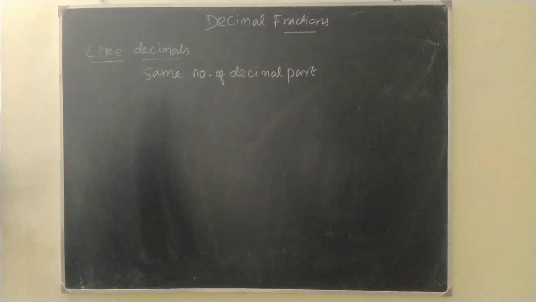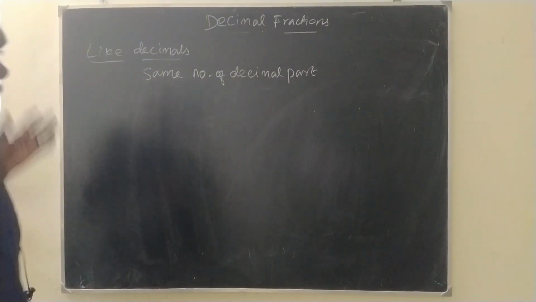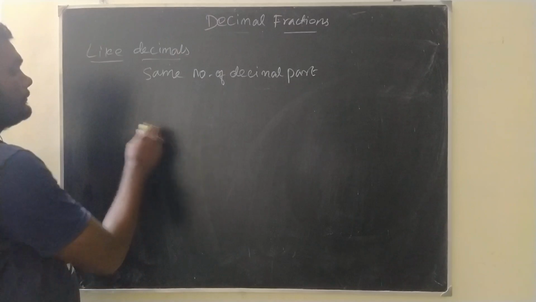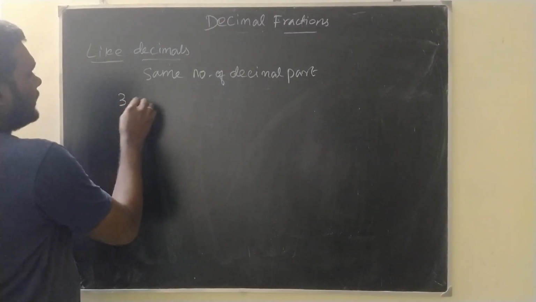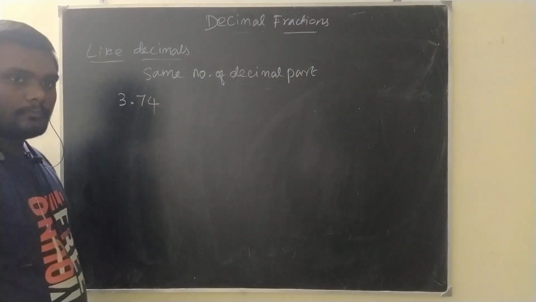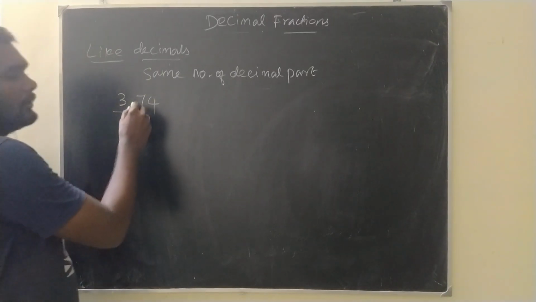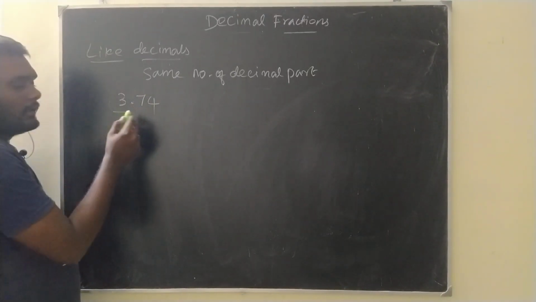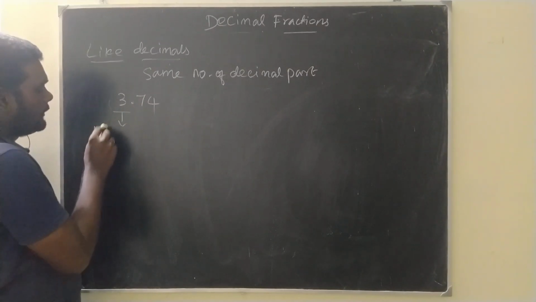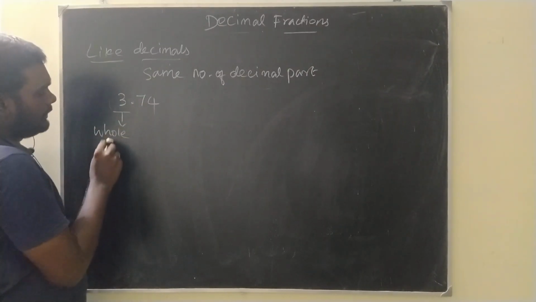Before that, we'll get ourselves introduced to the decimal part and the whole number part. I am saying 3.74. In this, the number before the decimal point is called the whole part.